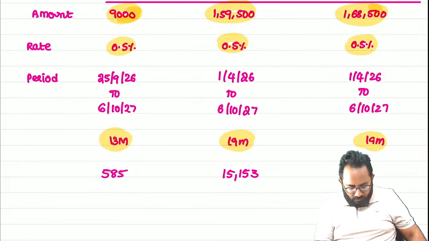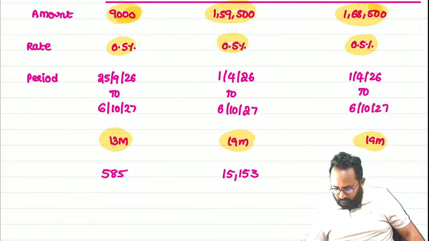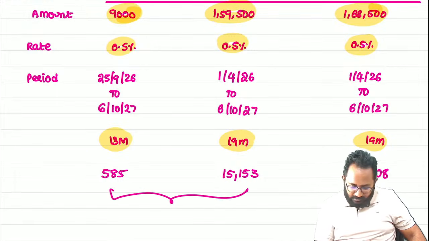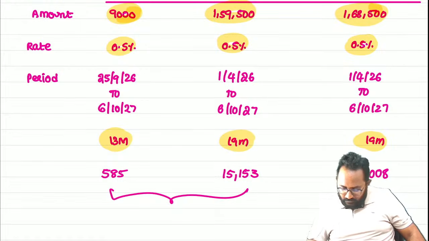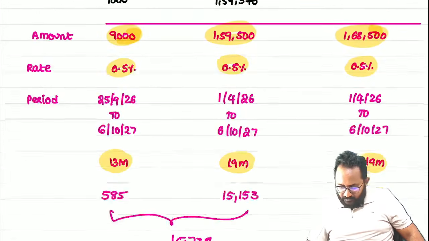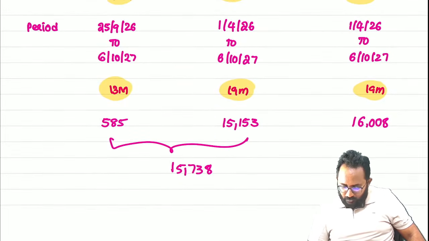Okay, you can round it off. 0.5% into 19 months, 16,008. Now in option 1, how much amount of refund will you get totally? 585 plus 15,153, 15,738. Which option, if an assessee follows, he will get more refund?